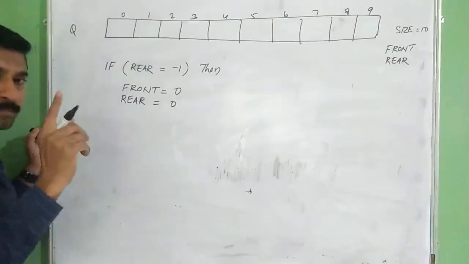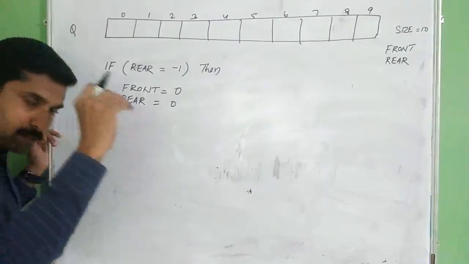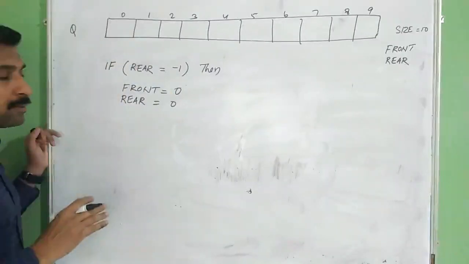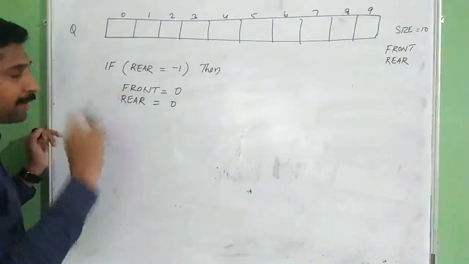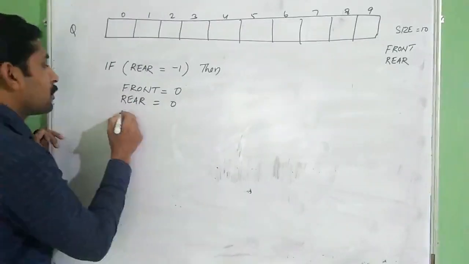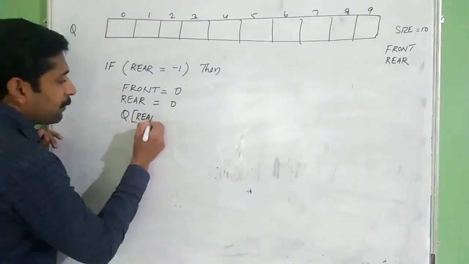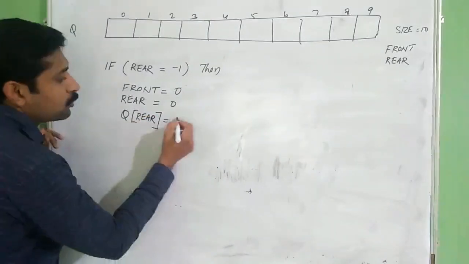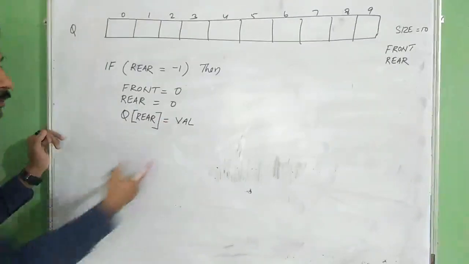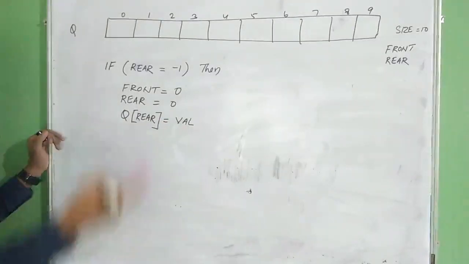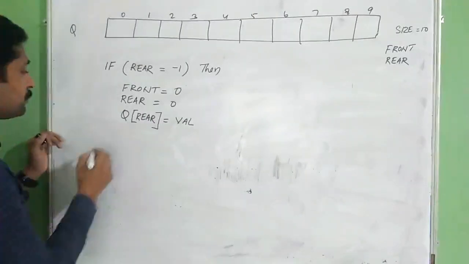So only one item is in the queue. That item is the item at the front as well as at the end, the rear. So Q of rear equal to val, where val is the value that we want to insert into the queue.